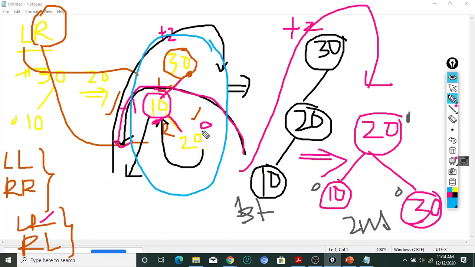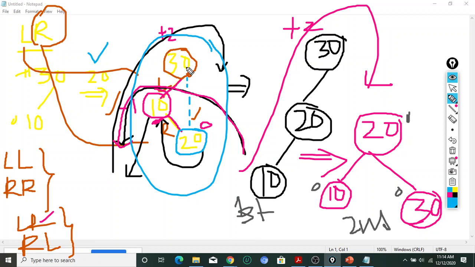Which node is imbalanced? The last node after inserting 20, right? We added 20 here. So replace it with the root node.